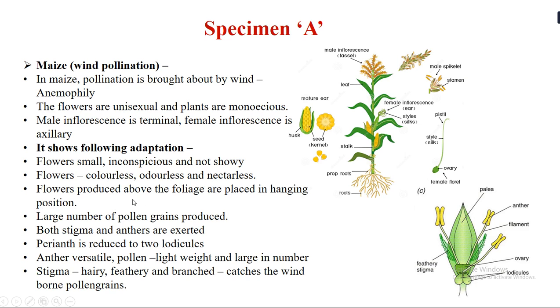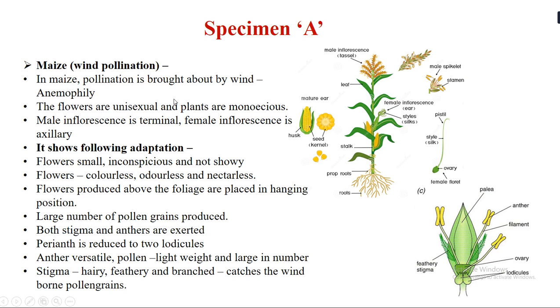Then the flowers produced above the foliage are placed in hanging position so that the pollen grains can disperse easily by the wind. Then a large number of pollen grains are produced, again because it is anemophilous, it is wind pollination.